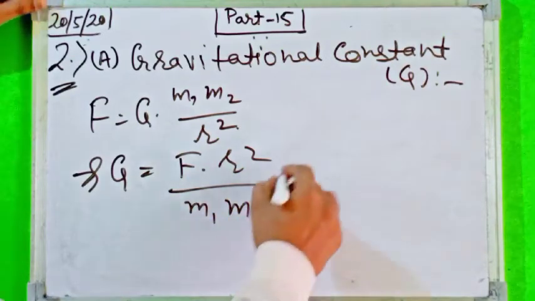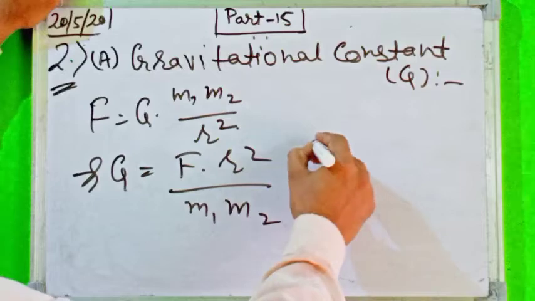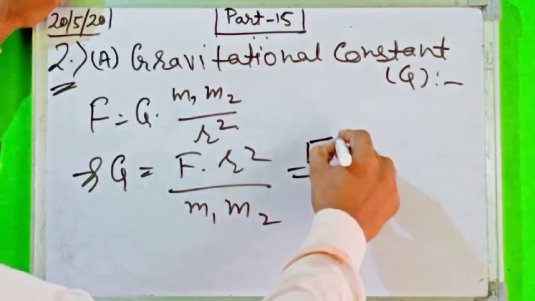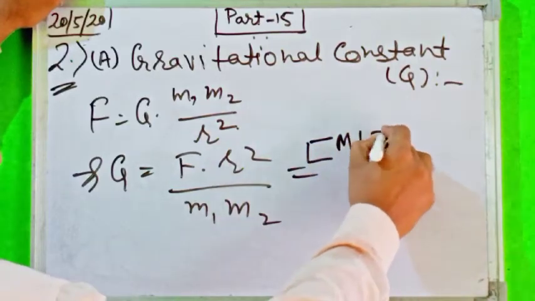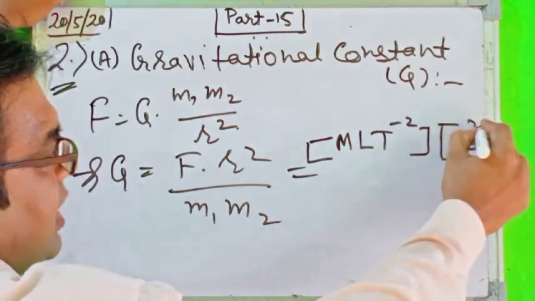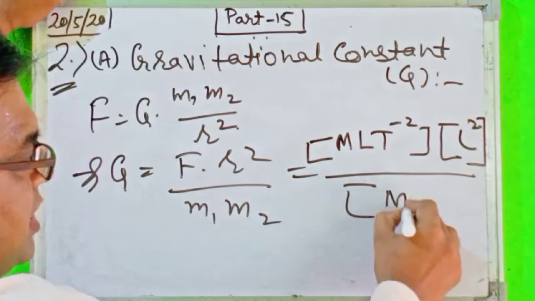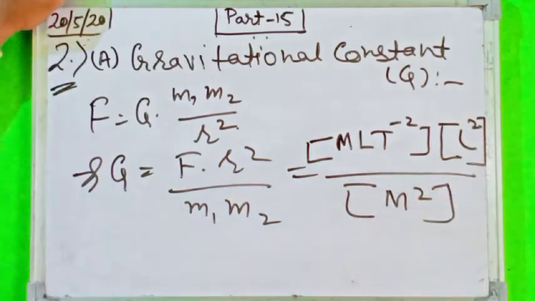We know the dimensional formula for each physical quantity mentioned here. For force, the dimensional formula is MLT^-2. For distance it is L square. For mass it is M square.